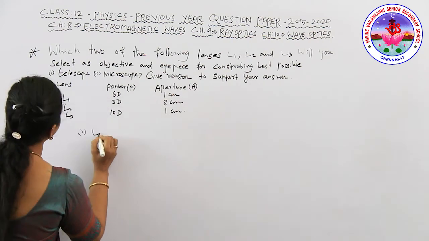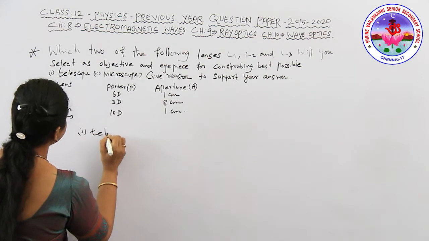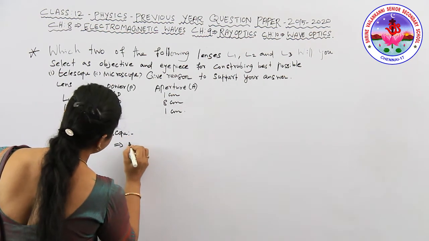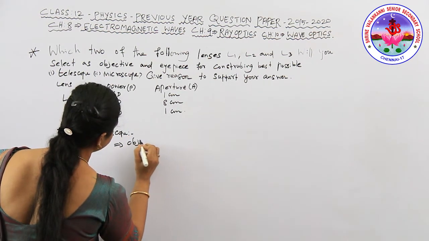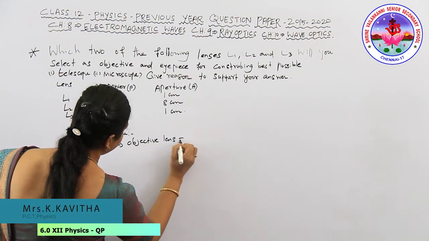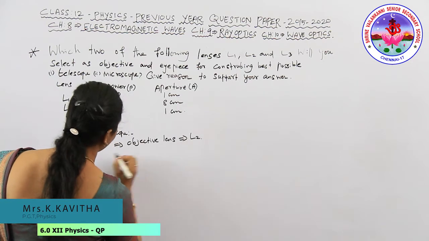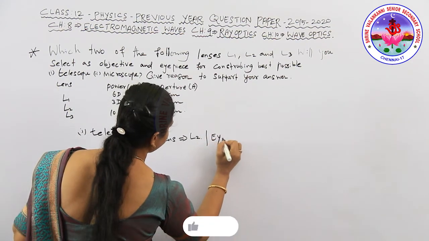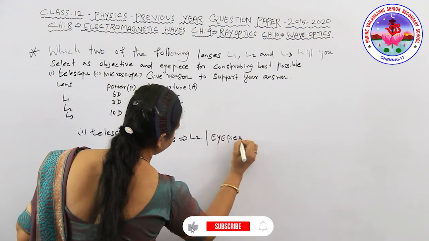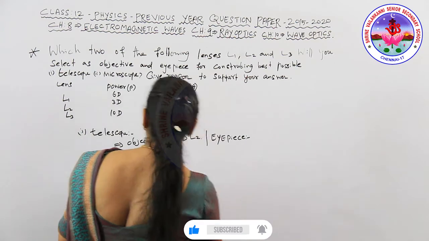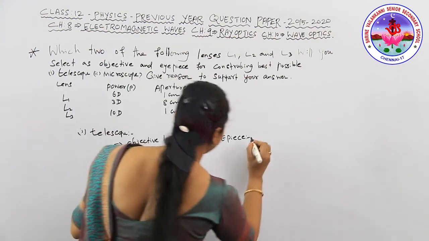So for the telescope, the objective lens we have taken is L2 and the eyepiece which we have taken is L3.